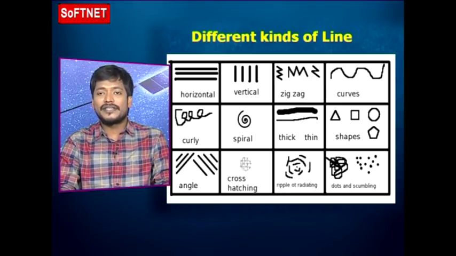So lines create different shapes like square, triangle, circle, or ellipse, or any other shape that you want to create, right? Angular lines. And lines are also used for hatching, right? And irregular lines. So all these kinds of lines are used in the drawings that are done by the artists in the context of visual art.